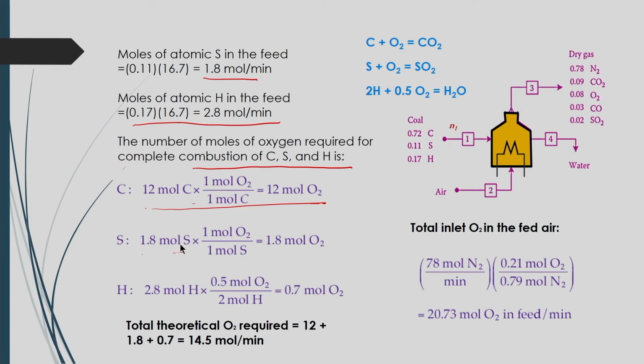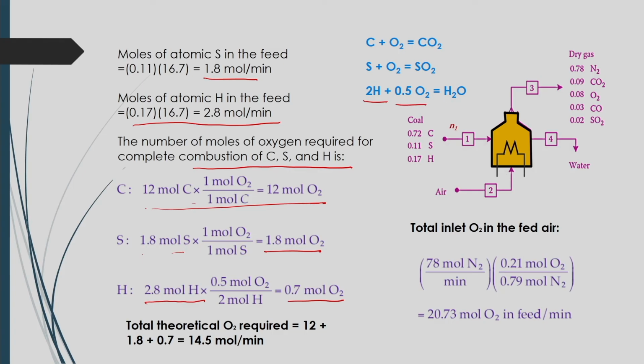So that is why 12 mole of carbon will require 12 mole of oxygen. Similarly, since 1.8 mole of sulfur is in the feed stream, this 1.8 mole of sulfur will require 1.8 mole of oxygen, because 1 mole of sulfur requires 1 mole of oxygen. Similarly, for 2.8 mole of hydrogen in the feed stream, this will require 0.7 mole of oxygen. As per the reactions, 2 mole of hydrogen will require 0.5 mole of oxygen.